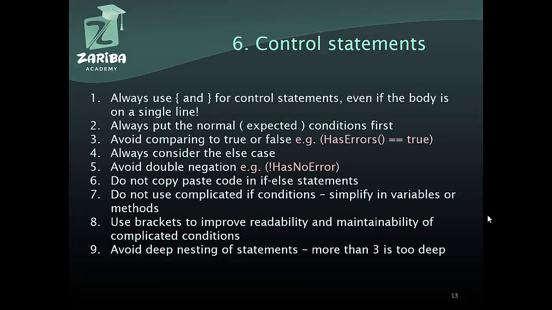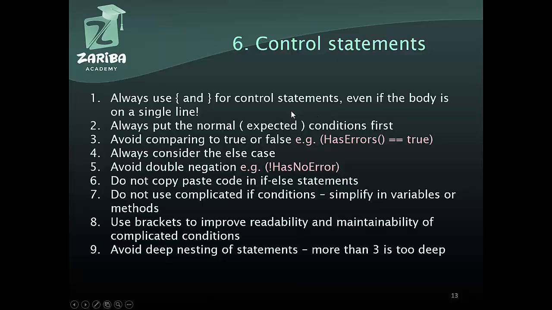Control statements. So these are like if, else, while, switch, case, for each. What else do we have? I'm sure there's something that I'm missing. While, do while, and so on. All right. So always use the brackets, even if the body is on a single line. I think I've mentioned this many times. Don't do it. Okay. Always put the normal or expected conditions first.